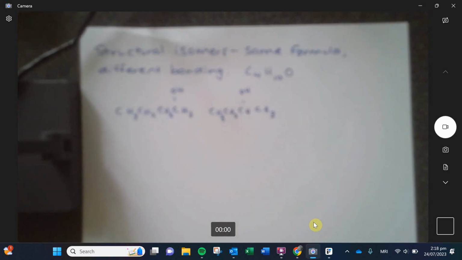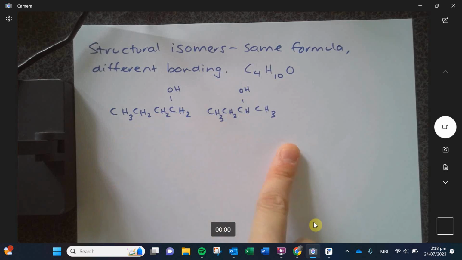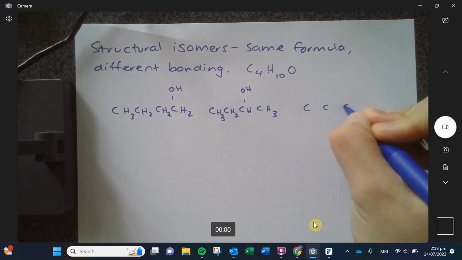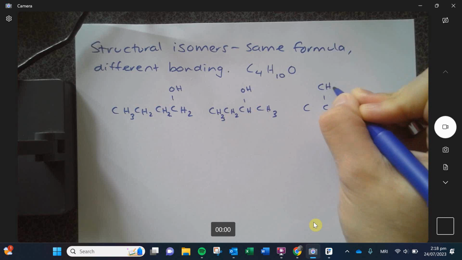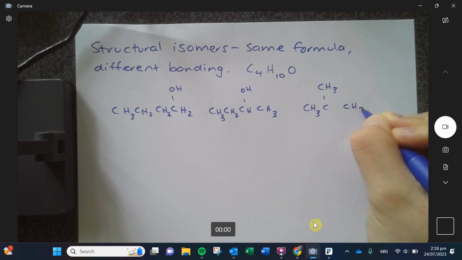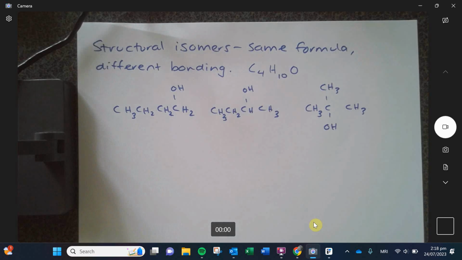Both of these have the same formula, but different arrangements. So the OH is on a different carbon. I could also move the carbons around as well. So I could have maybe a 3-carbon chain with a branch coming off of it, like that. So all of those would be examples of structural isomers of each other.